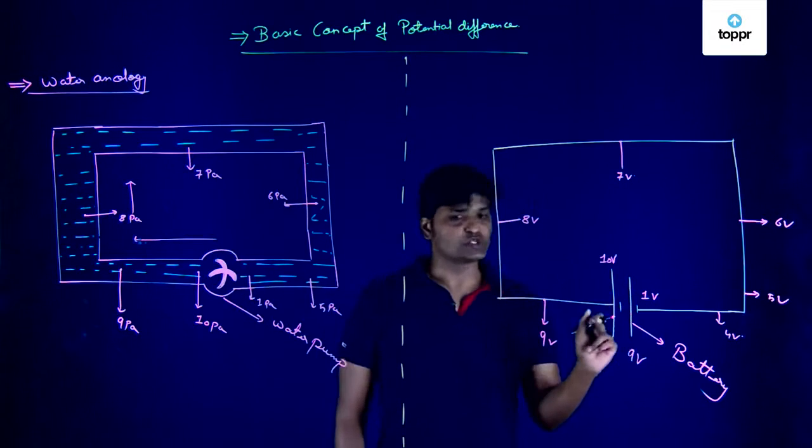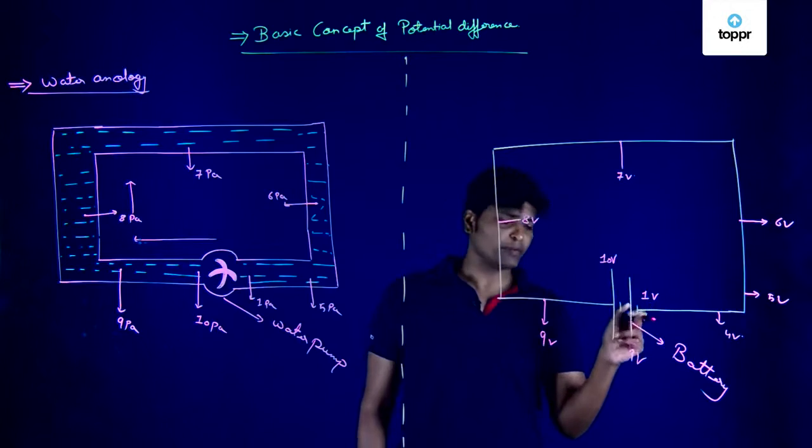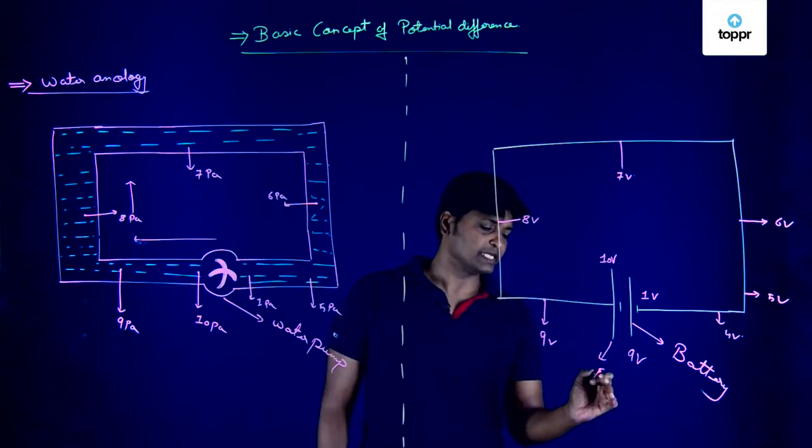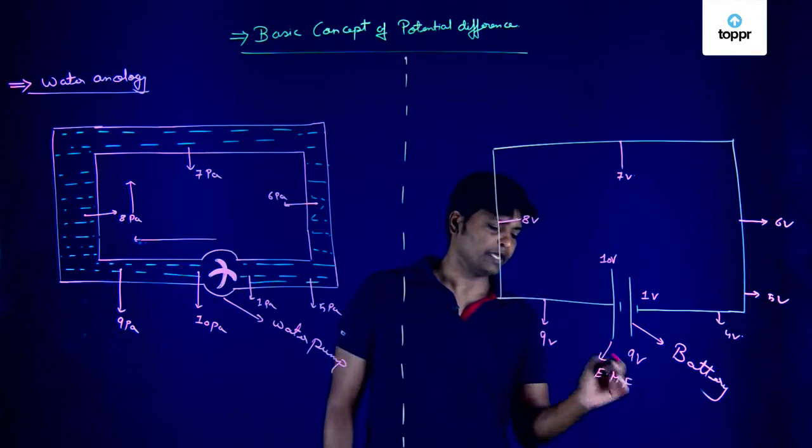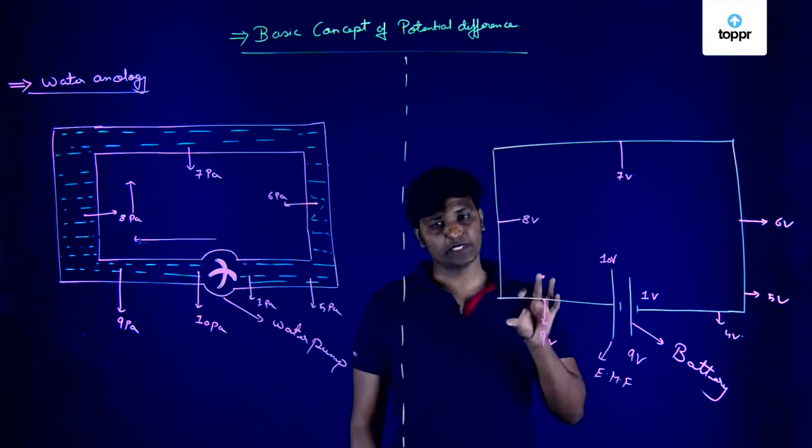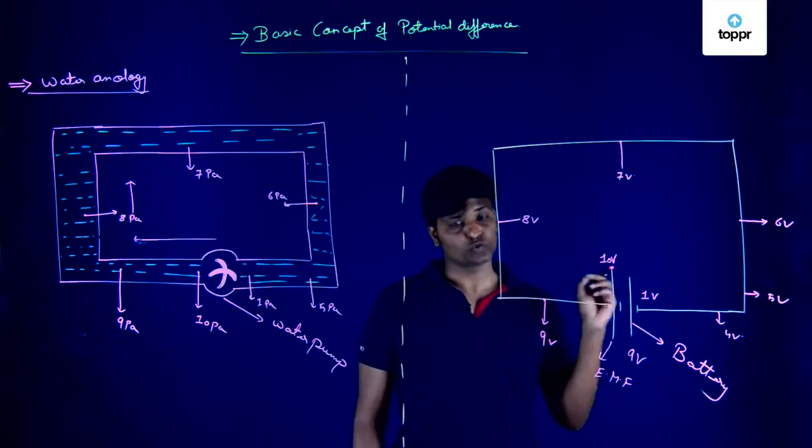This potential difference between the 2 terminals of the battery is also called EMF, subject to the condition that the current is not passing through the battery.